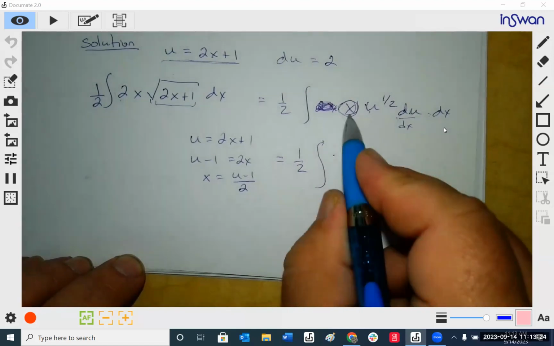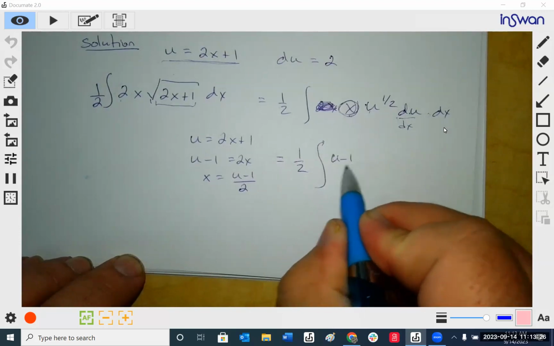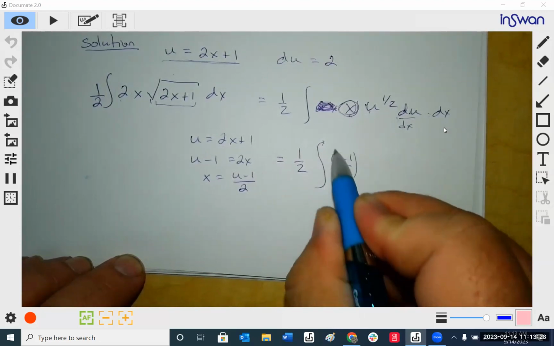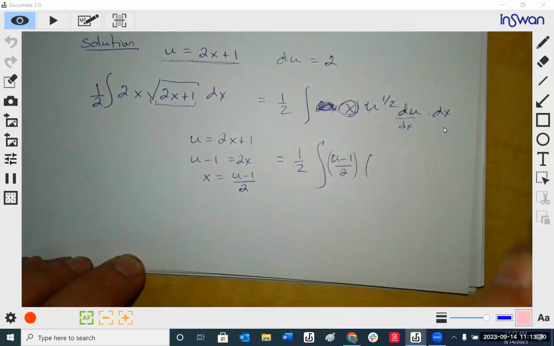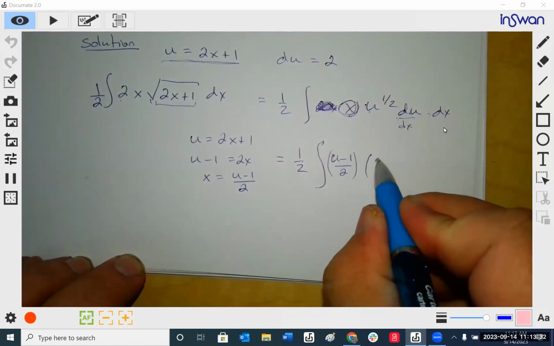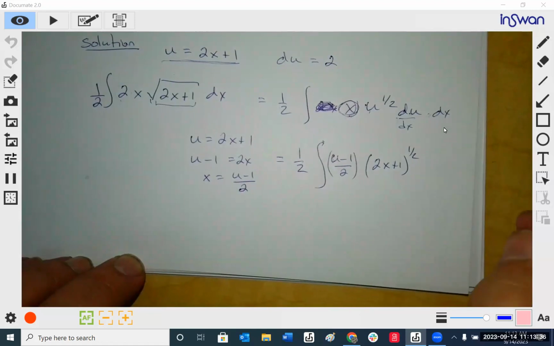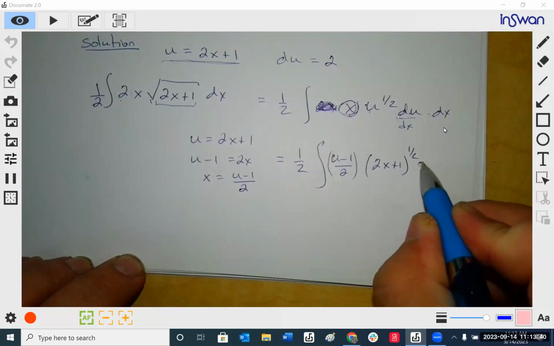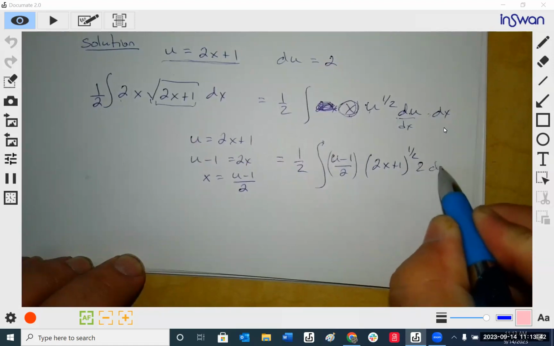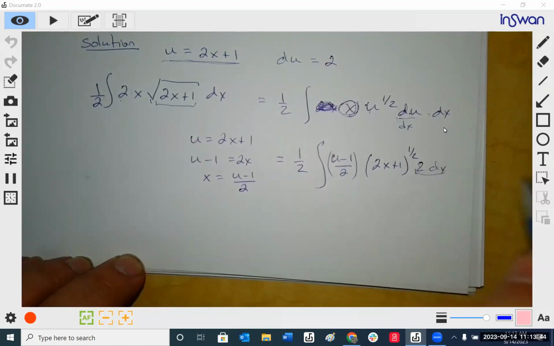So that's x is u minus 1 divided by 2. 2x plus 1 to the power 1/2, and we have our du. We have 2 dx. We have our du.